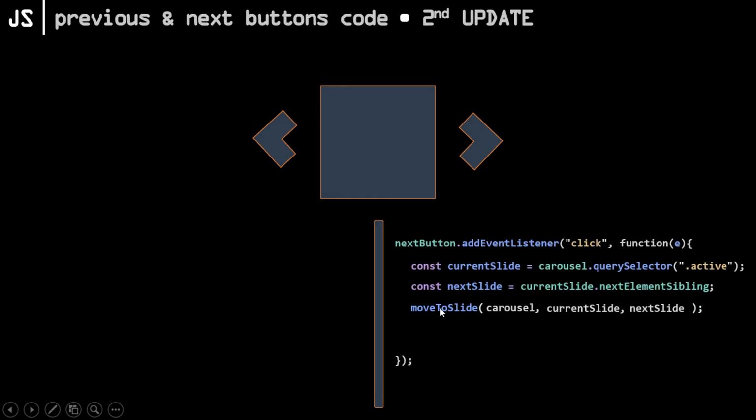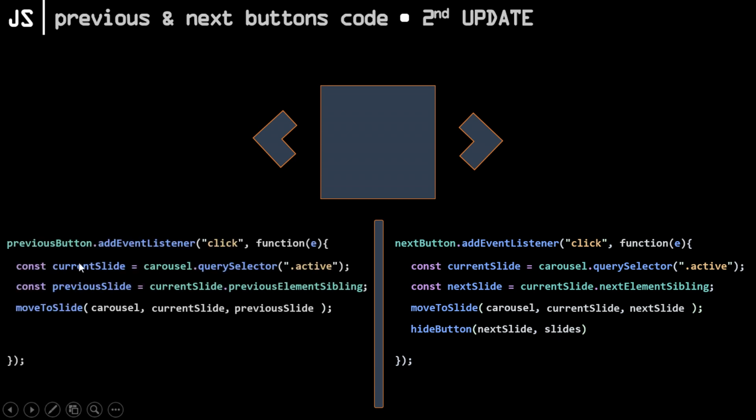Now, just after the moveToSlide function here, or line of code, we will add the hideButton function. The target slide, in this case, is the next slide, and our slides array. And also for the previous button, just after the moveToSlide, we will hide the buttons, and in this case, the target slide is the previous slide.